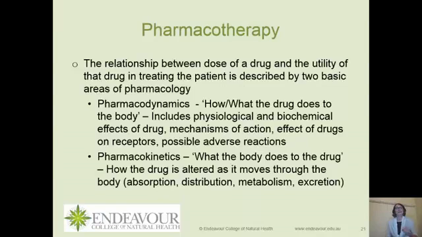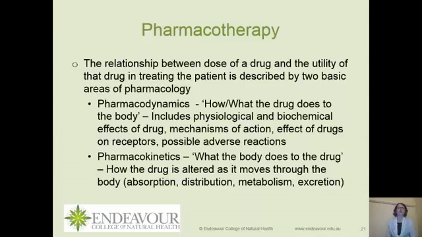Now we'll see that the dose that you will use for a particular drug is also dependent on various pharmacokinetic parameters that are going on in the body, and pharmacokinetics, put basically, is what the body is doing to the drug. So compare that with pharmacodynamics. Dynamic meaning moving, what the drug is directly doing to the body, and kinetics is what the body is doing directly to the drug.